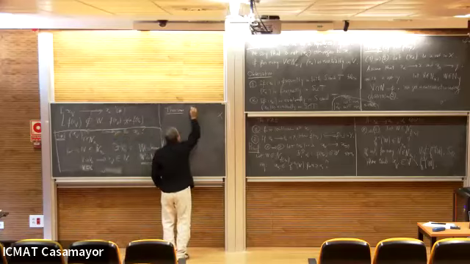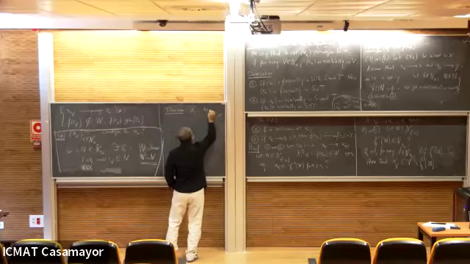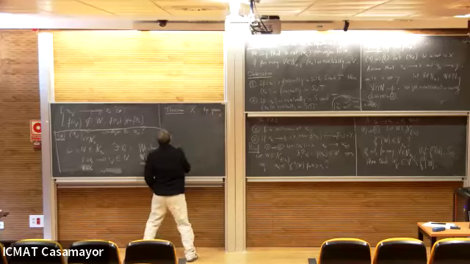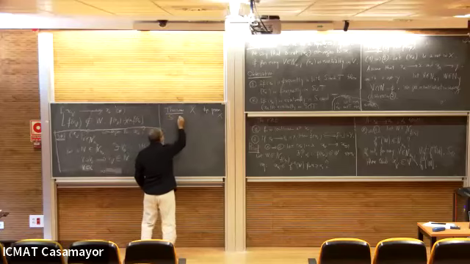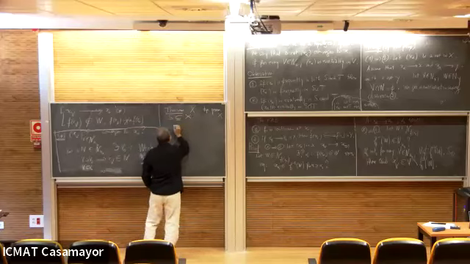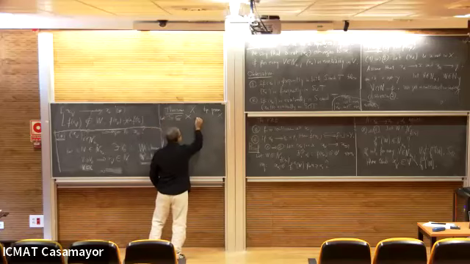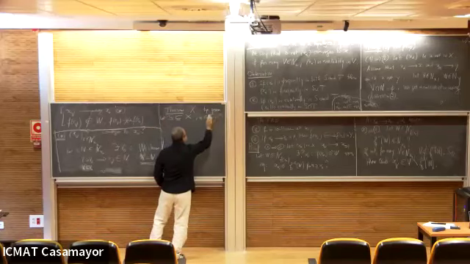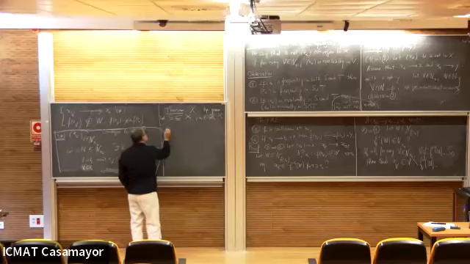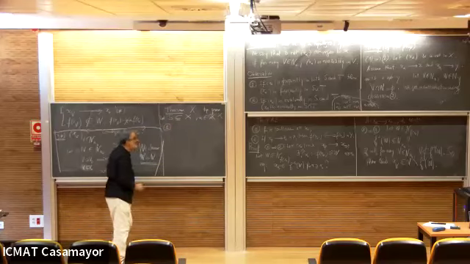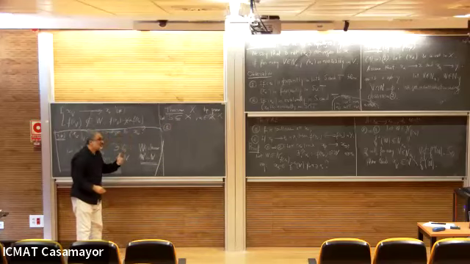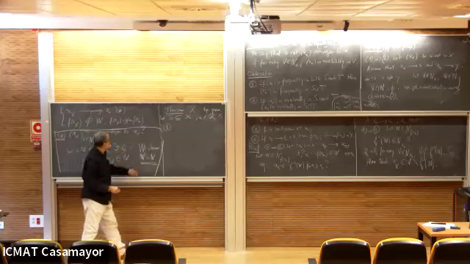Again, we take X a topological space, and I take S a subset of X and A an element of X. Now we give a characterization of being in the closure.